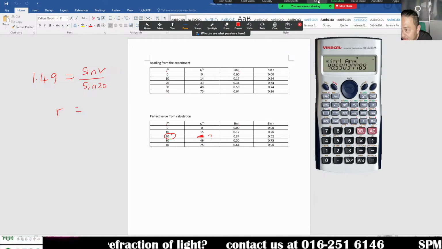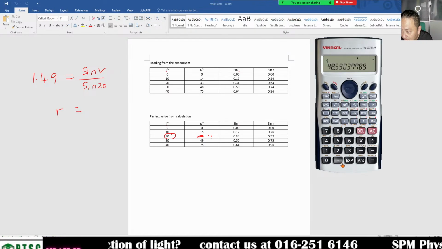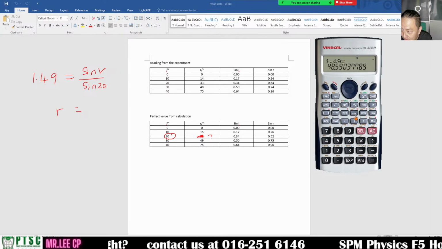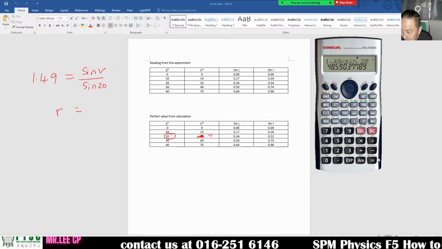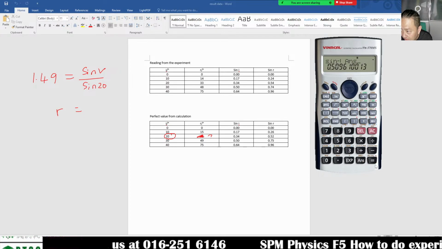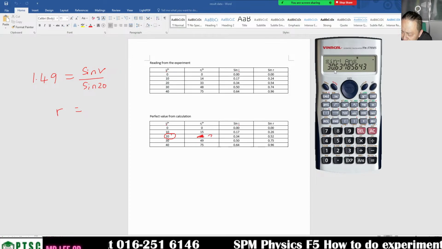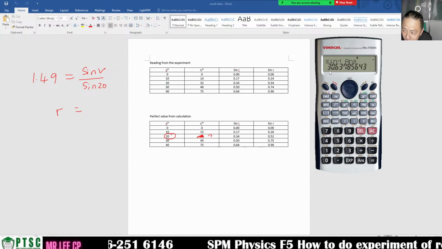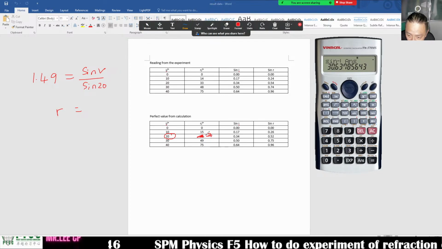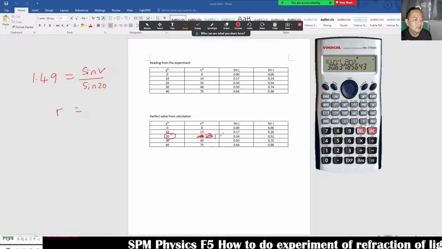You go and press it. 1.49 times sin 20, and then shift sin. Answer 30.6. 31 lah. You put 31 like that. Get it?